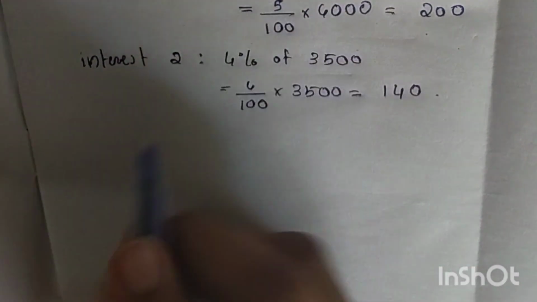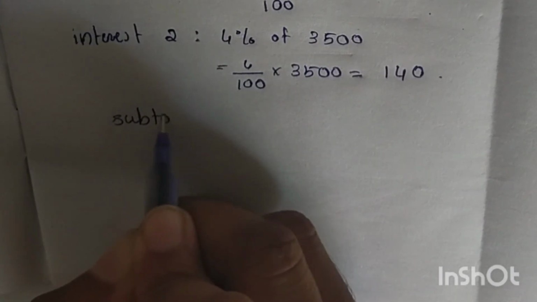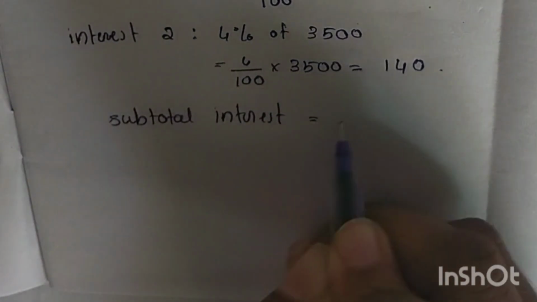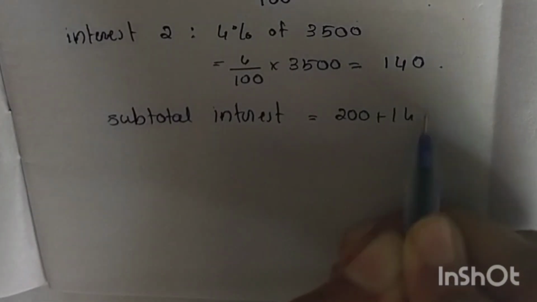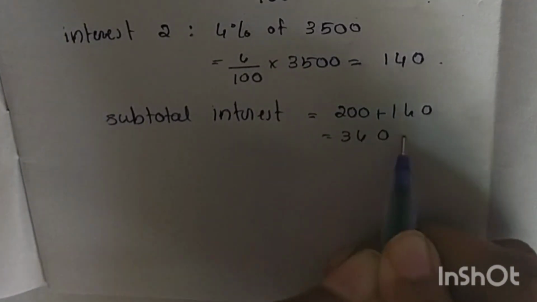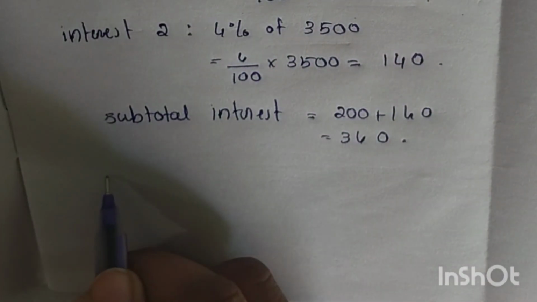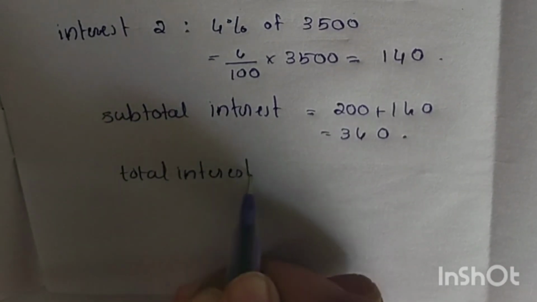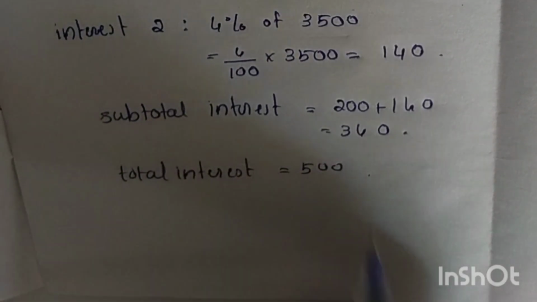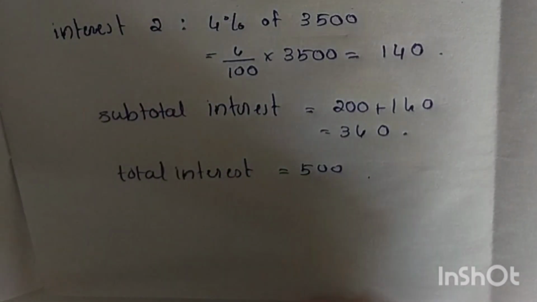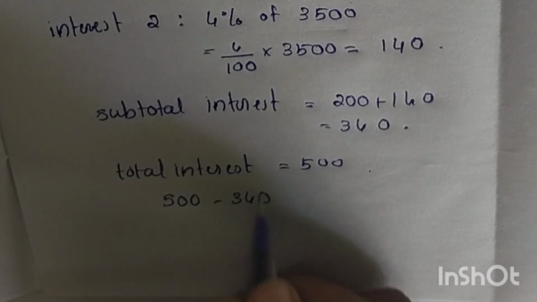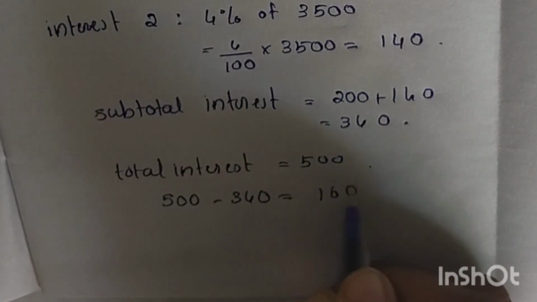We must add this as subtotal interest, that is 200 plus 140 is 340. We have total interest of 500 rupees. So the remaining interest is 500 minus 340, which is 160.